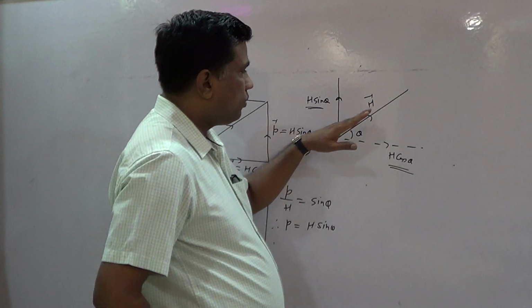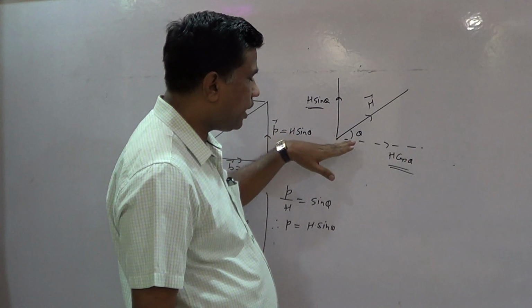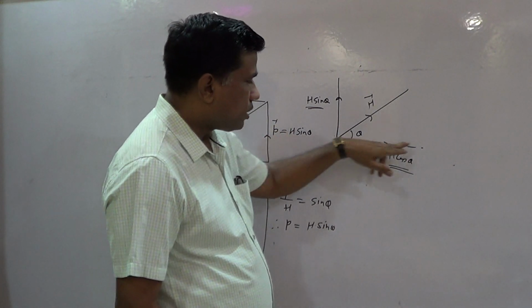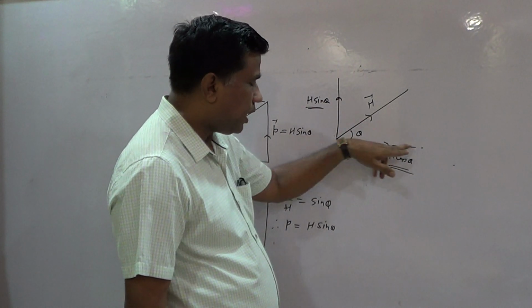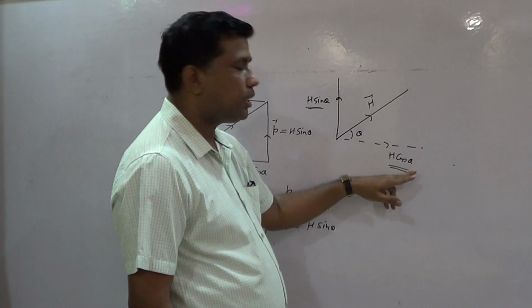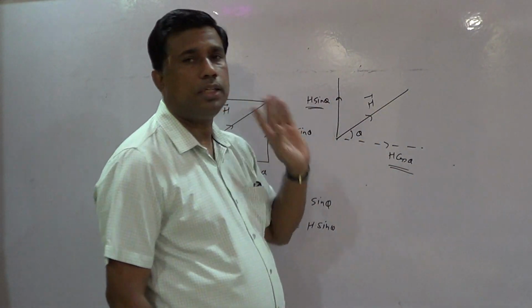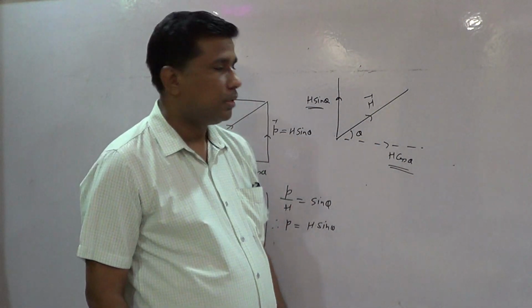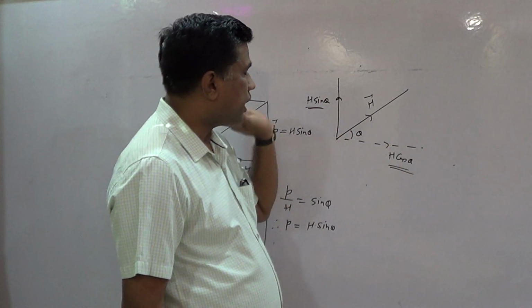Student, for learning purposes, the side with which this theta is in contact, along that side cos theta is taken, and perpendicular to this, sin theta is taken. So this is cos theta, and this is sin theta.